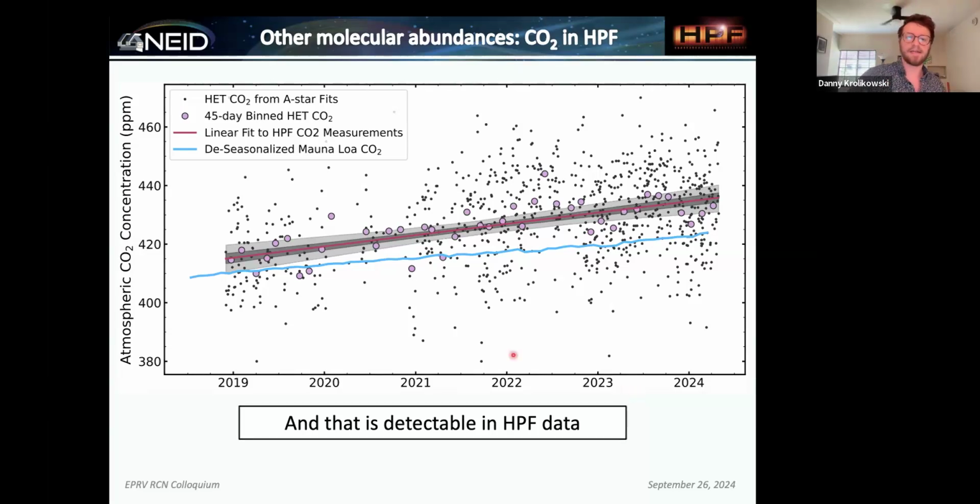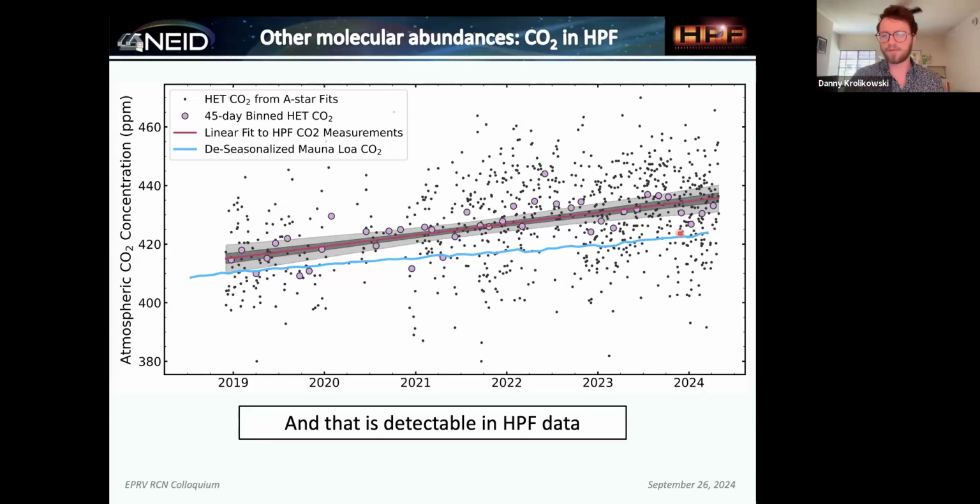But you can still see, in pink, I've binned the CO2 concentration measurements from HPF by 45 days. There's an offset relative to the measurements from Mauna Loa, but the trend is consistent. Some work needs to be done to see if that offset is true. I mean, the abundance might just be different in West Texas than in Hawaii. That could be true, but there could also be other effects like continuum issues or other contamination of the fitting.